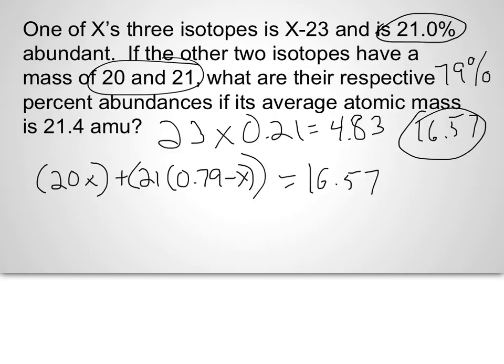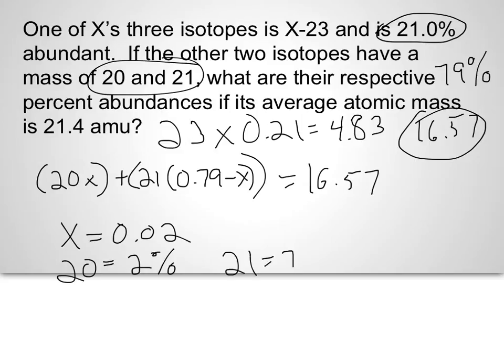So if we solve that equation, we end up with X equals 0.02, which would be 2%. So according to this, the percent abundance of isotope 20 is 2%, which would make the percent abundance of isotope 21 77%.